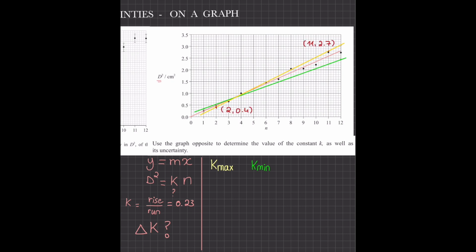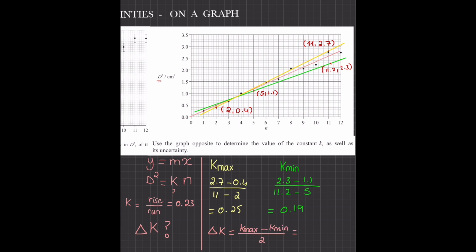Okay, so for your k max, that gives you 0.25, and k min is approximately 0.19. Now to find the uncertainty of k, you have to say 0.25 minus 0.19 over 2, which is 0.03. So we can say that k is equal to 0.23 plus or minus 0.03.